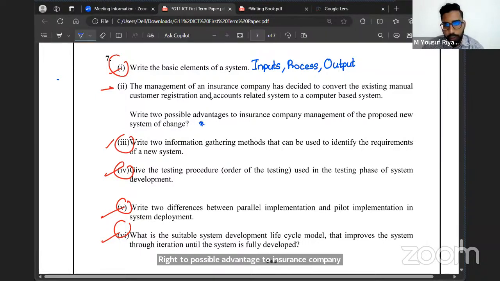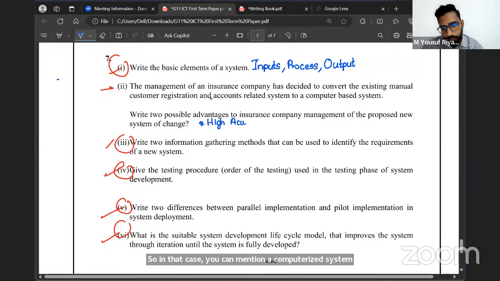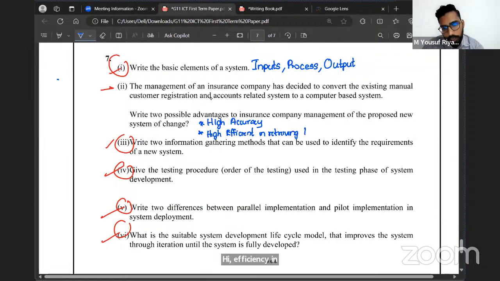In that case, you can mention a computerized system will have high accuracy, then high efficiency in retrieving data. Then you could also mention more secured.